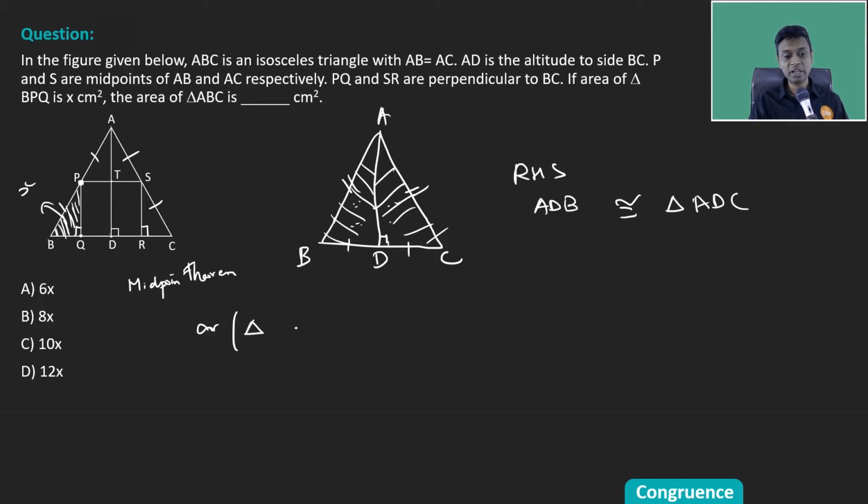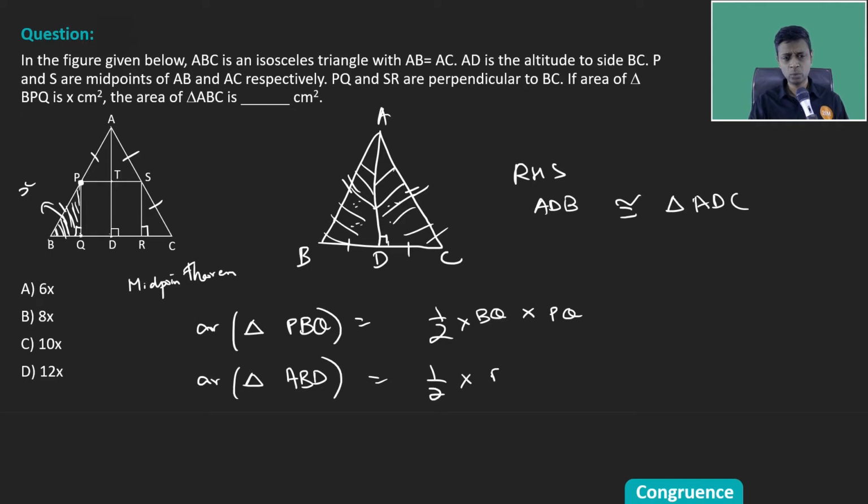Area of triangle PBQ is half into BQ into PQ. The right angle triangle. This is the altitude. This is the base. Right? Area of triangle ABD equals half into BD into AD.